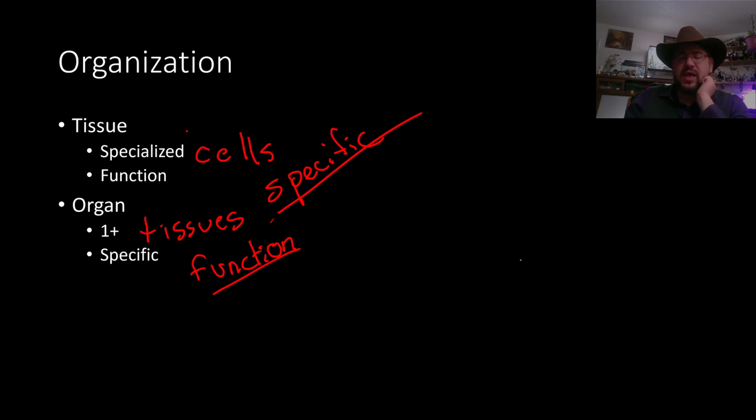The stomach has an epithelial lining on the inside to protect it from the acid. It has a muscular layer, right? It has multiple types of tissues, providing it multiple different functions that are specific for digestion. Right? So they have a specific function, and they are made out of one or more different tissue layers.